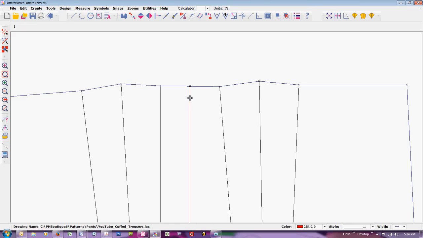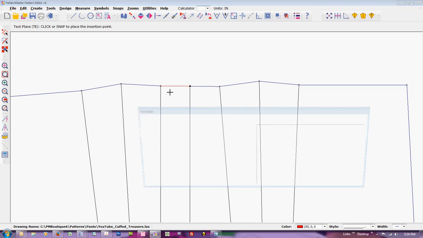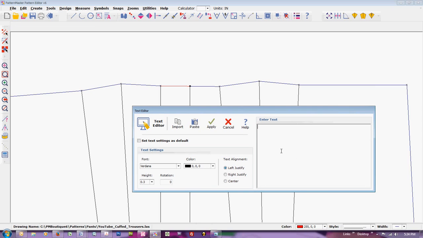So we need to intersect here to the waistline, and we need to break this waistline apart right here. This is 0.819, let's write that in. A little bit over 3/4 of an inch.